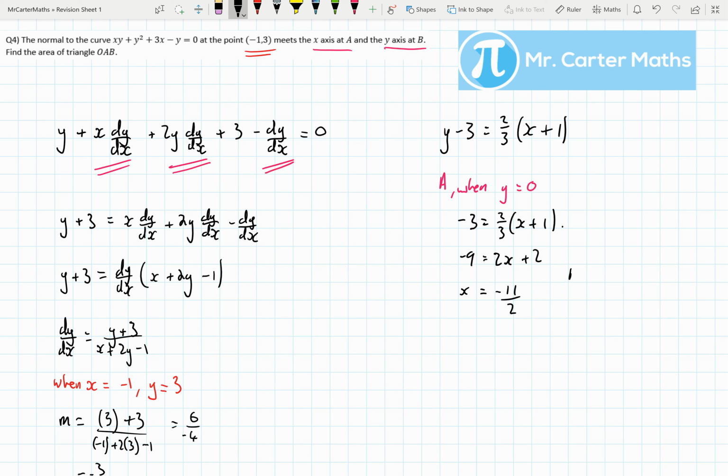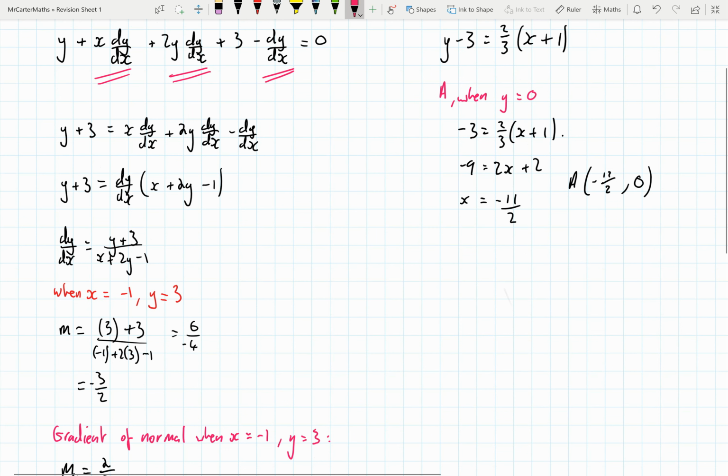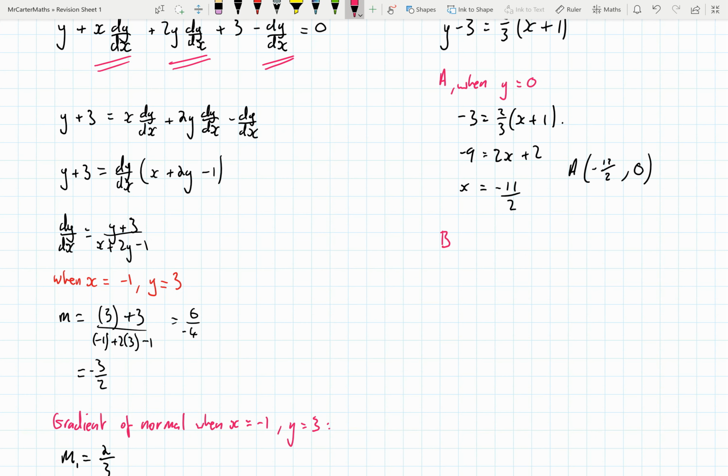So A as a coordinate has an x value of minus 11 over 2 and a y value of 0. Now I can think about the coordinate B. B was when the normal met the y-axis, so that's when it has an x coordinate of 0. Again, I can substitute that in. y minus 3 equals 2 over 3 times 1.